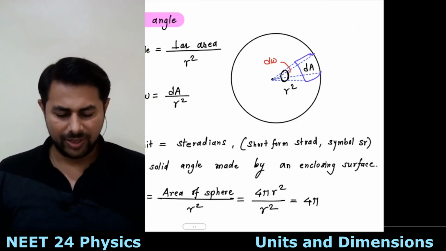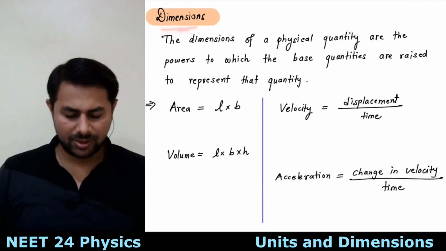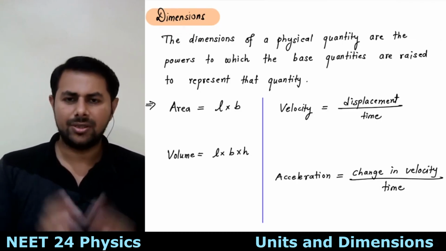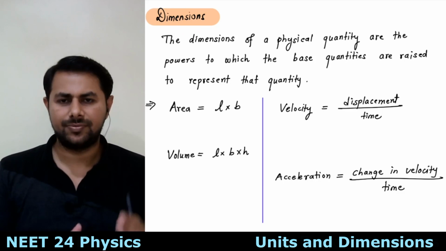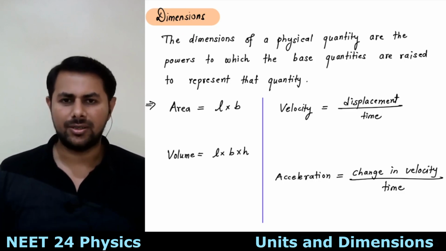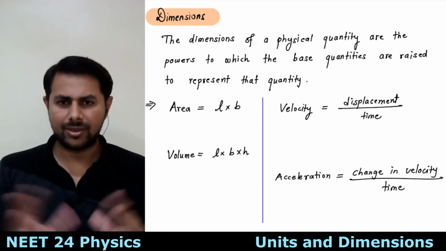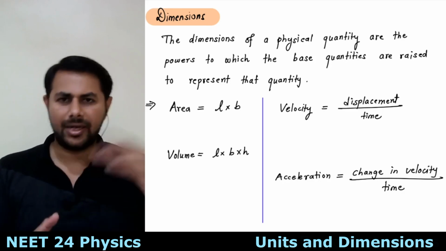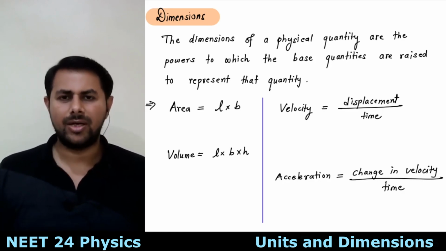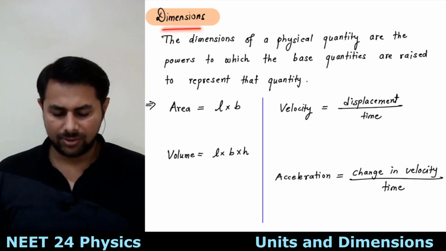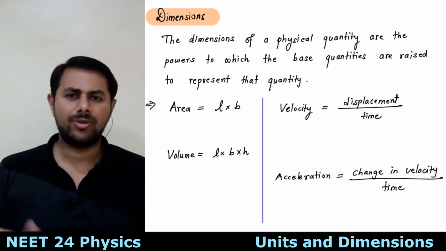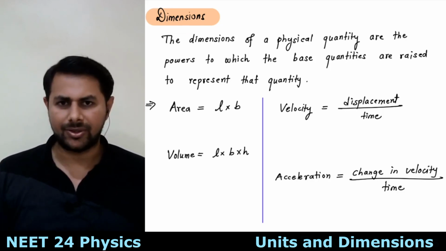That way is dimensions. So what is a dimension? It's the power to which the fundamental quantity or quantities have to be raised to get the formula for a derived quantity. So it is the relation between fundamental quantities and derived quantities.